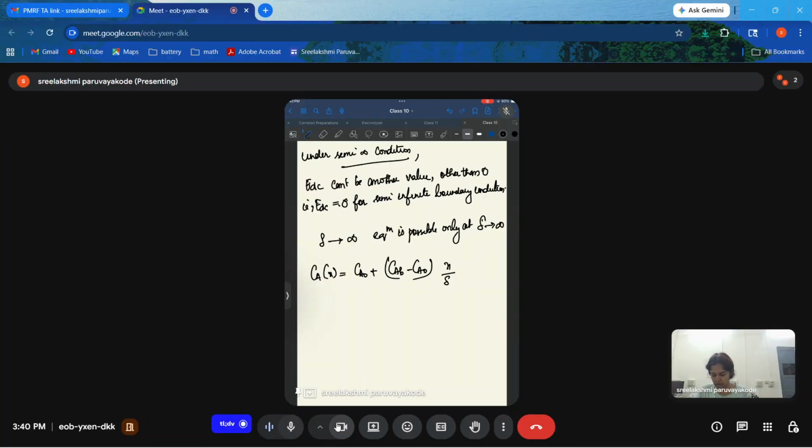And when this tends to infinity, you have CA of x becomes equal to CA naught. So this will take infinite time to achieve, to have this condition to be reached, it will take infinite time.